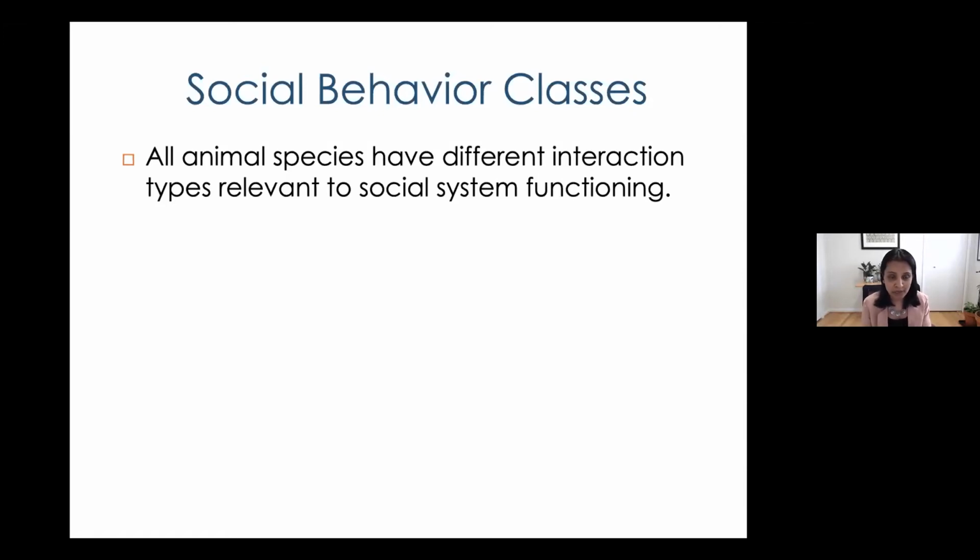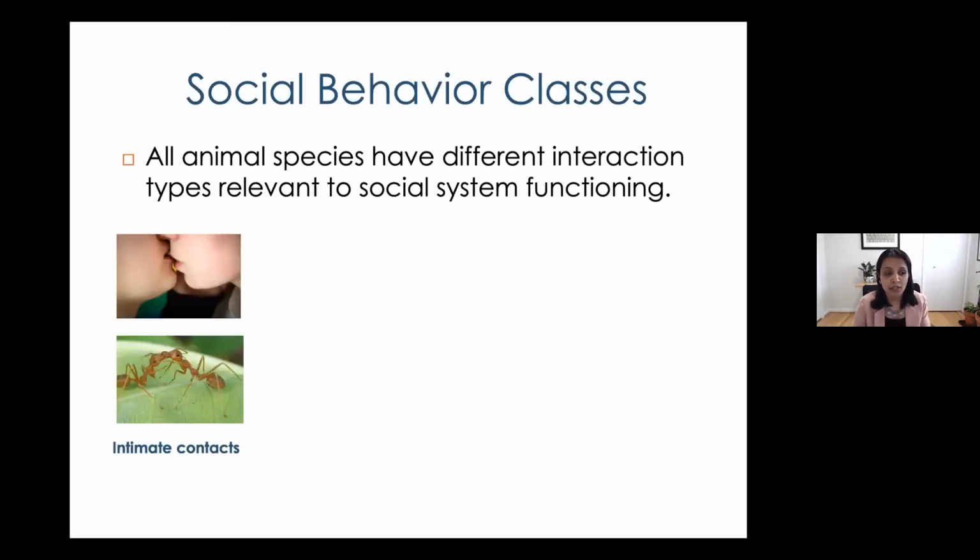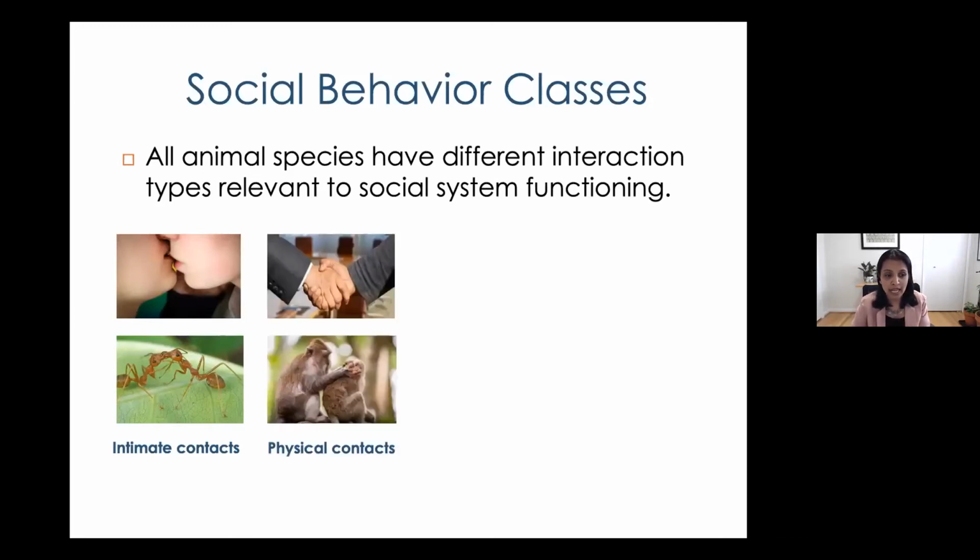But really all animal species, humans included, have a variety of different interaction types that are relevant to their social systems functioning. So you might have intimate contact where fluid is exchanged and strong social bonds are required for those interactions to happen. You might have physical contact that exhibits social bonds but isn't necessarily of an intimate nature and isn't repeated and persistent over time.